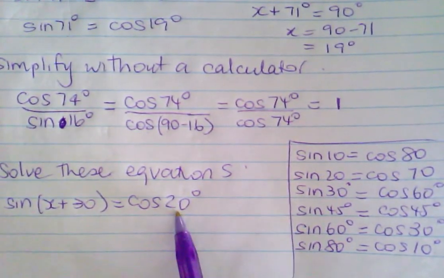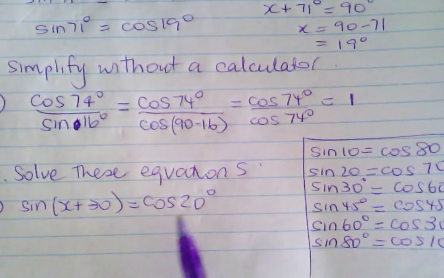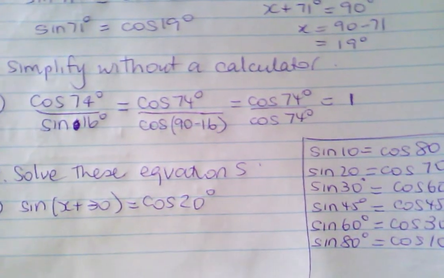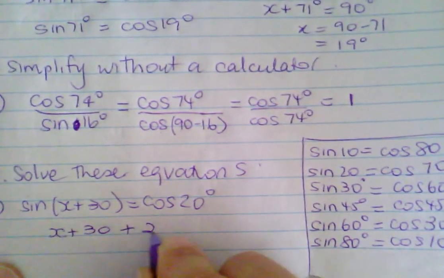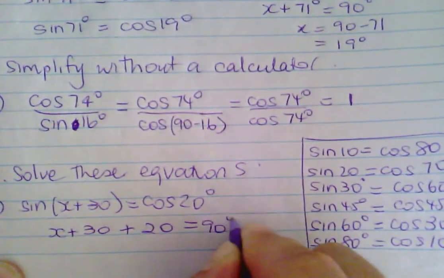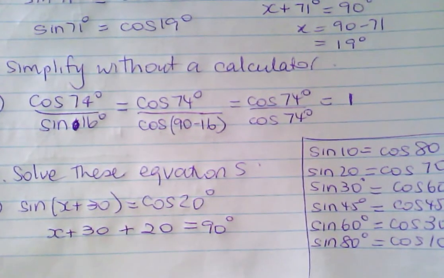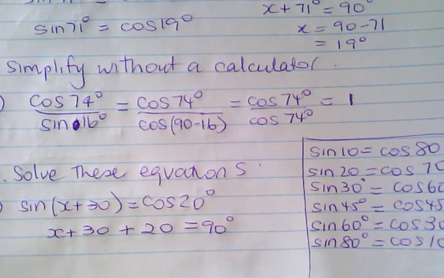So this is what I want you to do with something like this. Please don't go 90 minus. It'll be a nightmare. So you just go x plus 30 and the 20 add up to 90. Why am I saying such a thing? They're called complementary angles, and complementary angles add up to 90. Like in angles in year 7, complementary angles add up to 90.